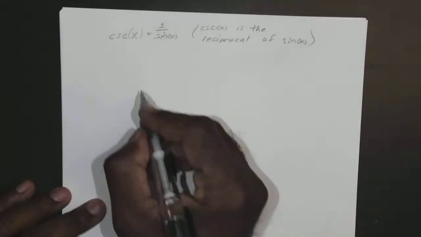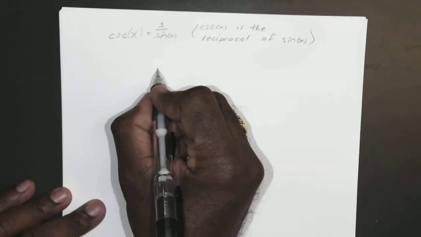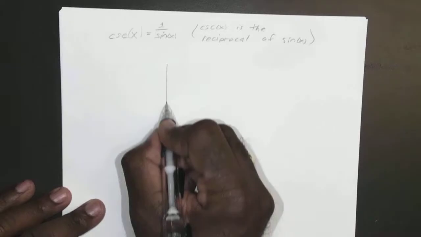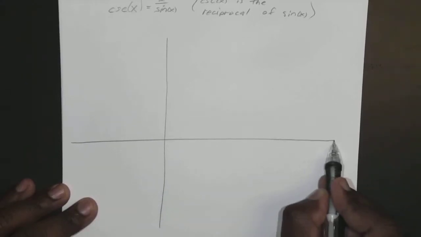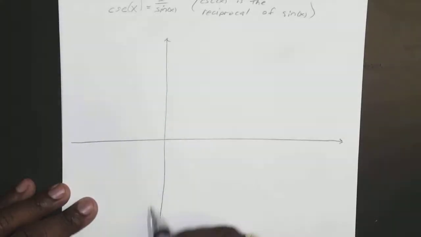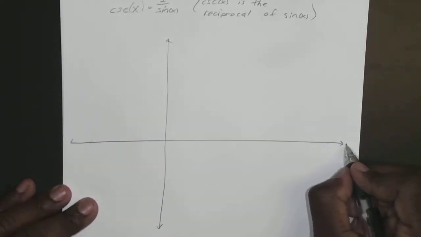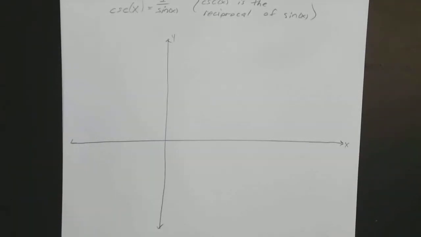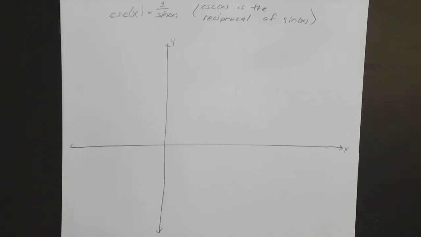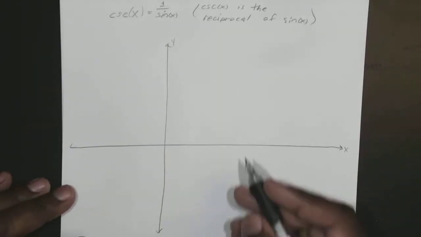Okay, so let's draw our graph. And I'll start about right there. Make sure I go up enough. Okay, so we have our x and we have our y. So we know since cosecant is the reciprocal of sine, our denominator, once again, can never equal 0, which means sine of x can never equal 0.